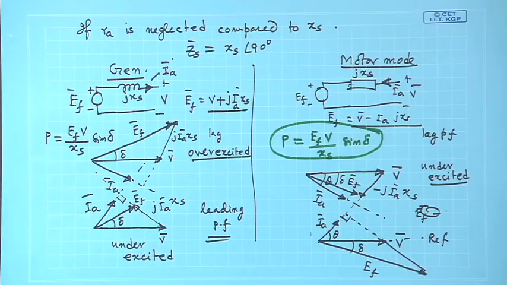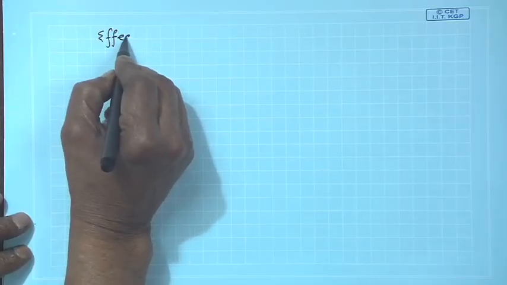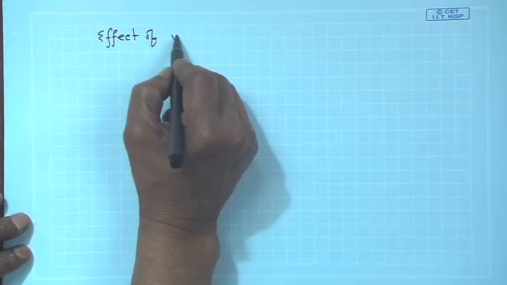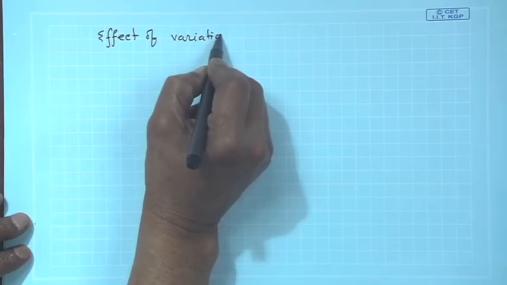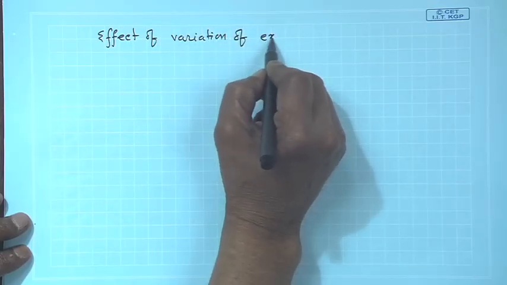Now, in this lecture, after knowing these things, I will introduce to you the effect of variation of excitation of a synchronous machine. What I mean to say is this. First try to understand the operation. This is a very important topic: effect of variation of excitation.